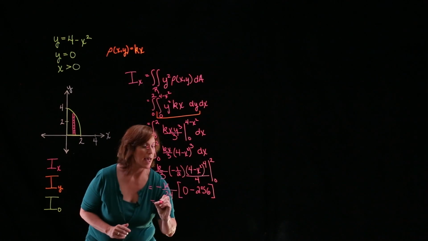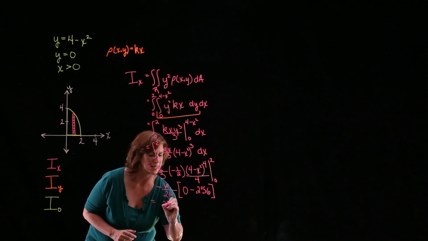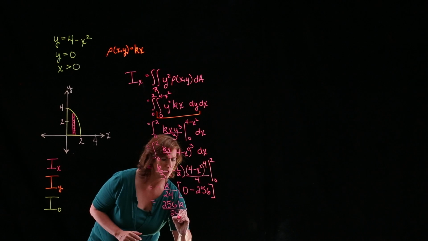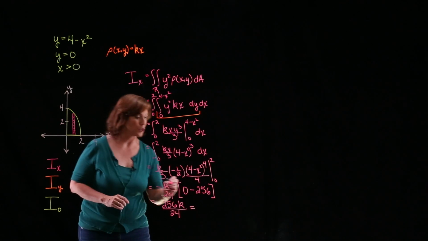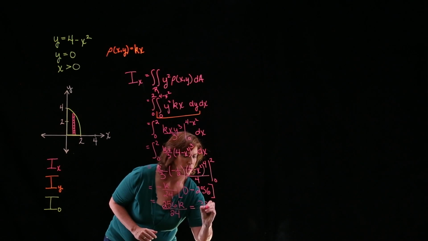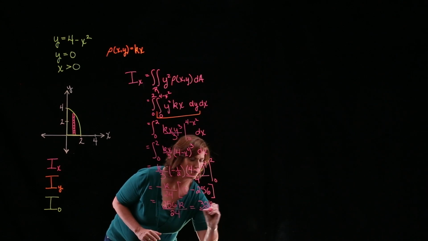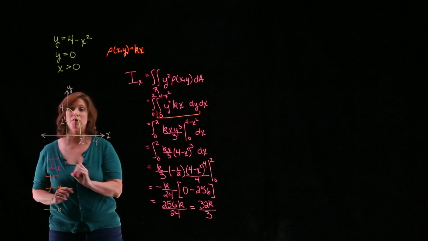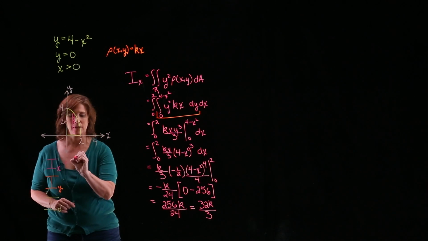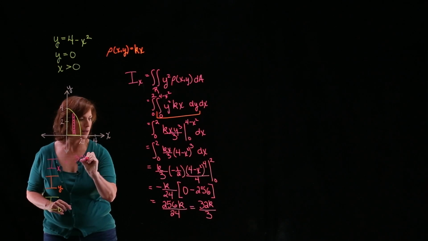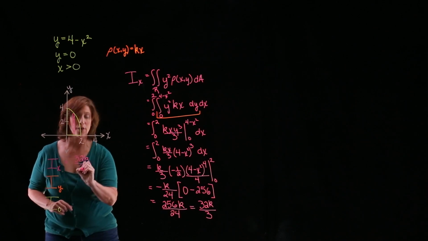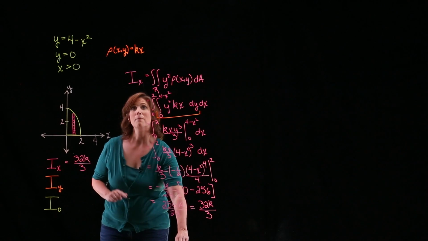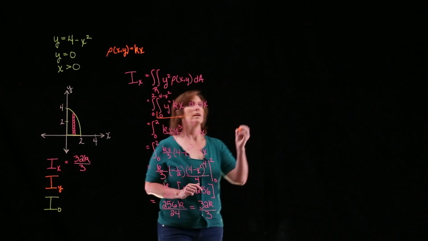So this gives me a positive 256k all over 24, which reduces down to 32k all over 3. That is my moment of inertia about the x-axis. So 32k all over 3.